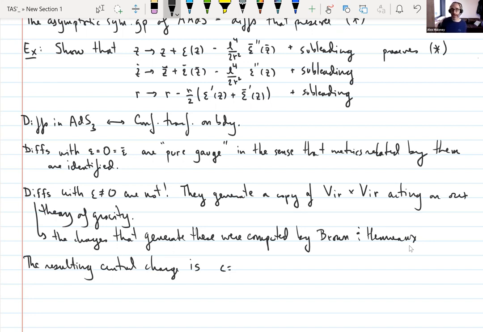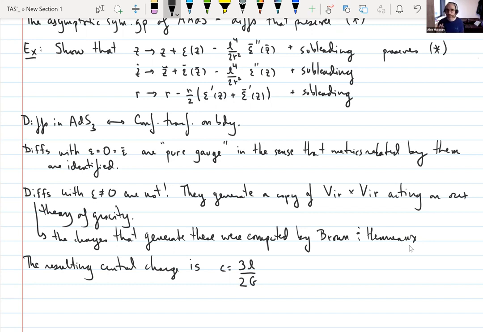And there's an AdS radius, which has dimensions of 1 over length squared. Central charges by definition are dimensionless. So that means it's going to be some function of L over G. That is, some function of the AdS radius in Planck units. And indeed, Brown and Henneaux showed that it's 3L over 2G.